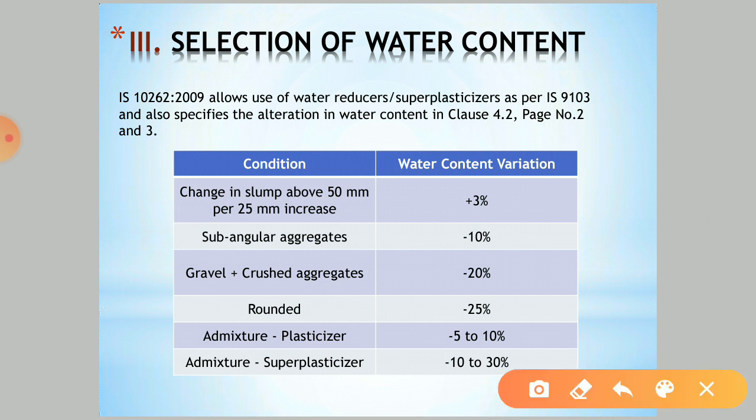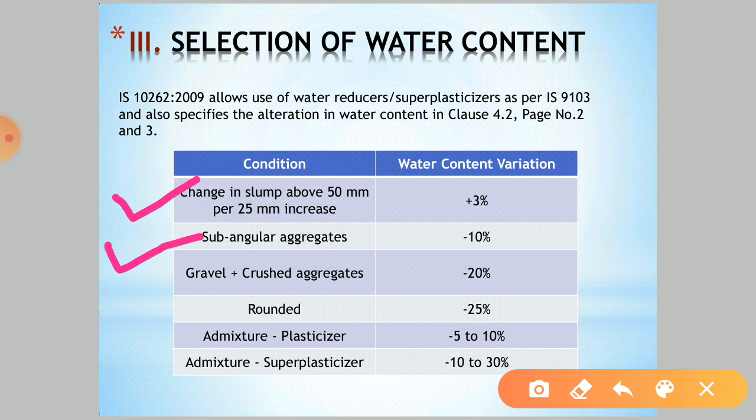Now we will see this table condition. We have seen in the previous slide that above 50 mm, per 25 mm increase, you have to add 3% more. Now suppose we don't have angular aggregates, we have subangular aggregates, then we have to reduce the water content by 10%.